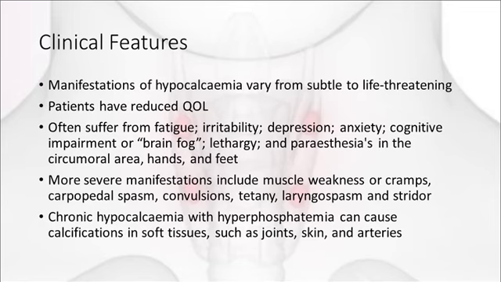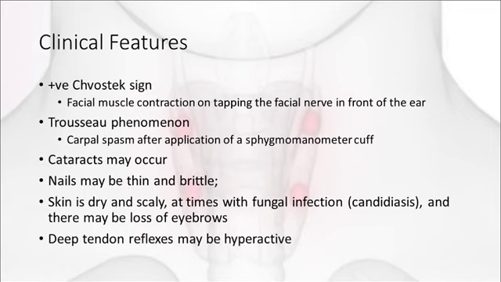More severe manifestations include muscle weaknesses, carpopedal spasms, convulsions, tetany, laryngospasms, and even stridor. Chronic hypocalcemia with hyperphosphatemia can cause calcification in soft tissues such as joints, skin, arteries, etc.